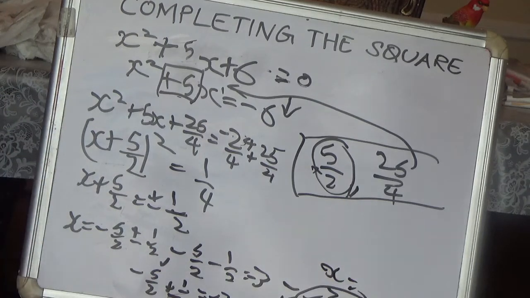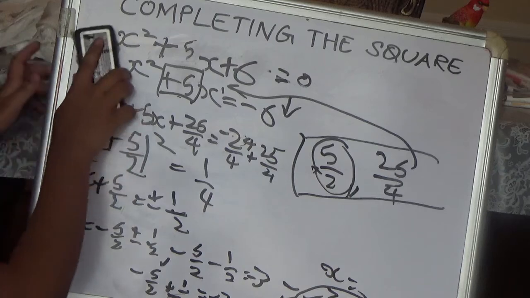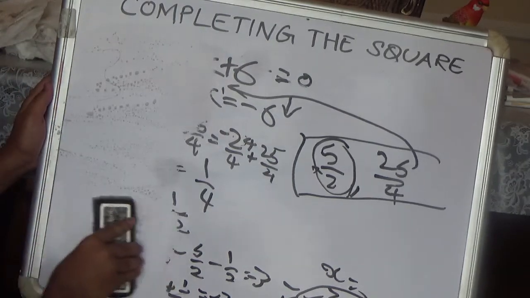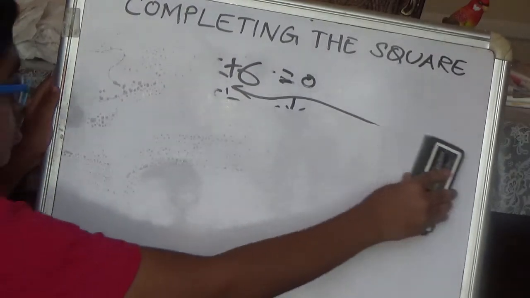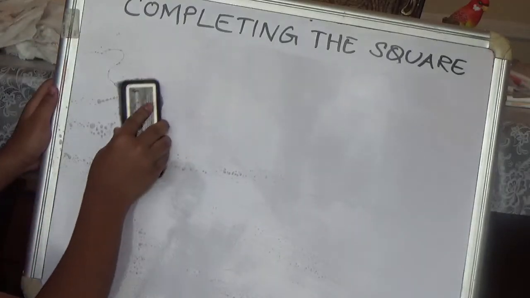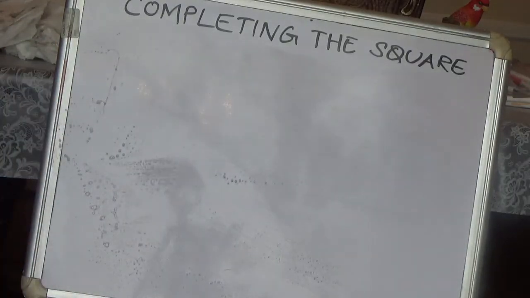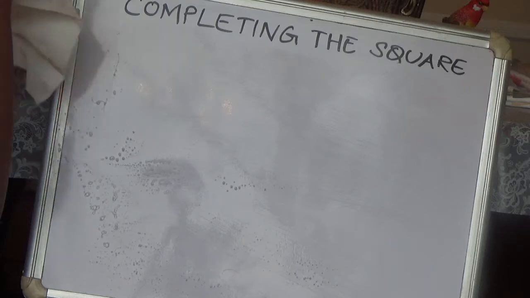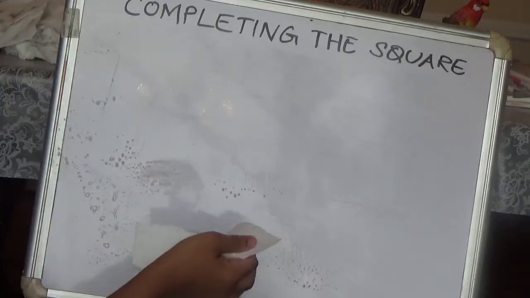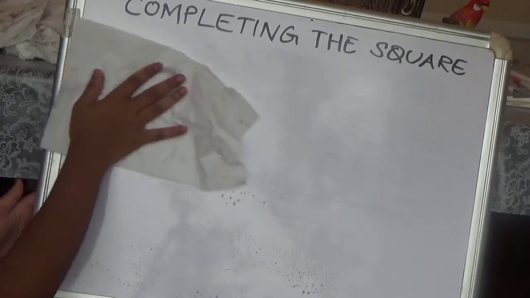So there you have it. Let's continue with another example, an even more interesting one. The next example will be really useful because it'll help you complete the square for all quadratics.